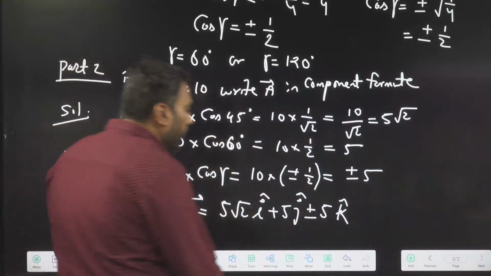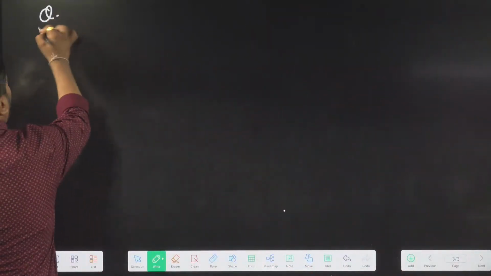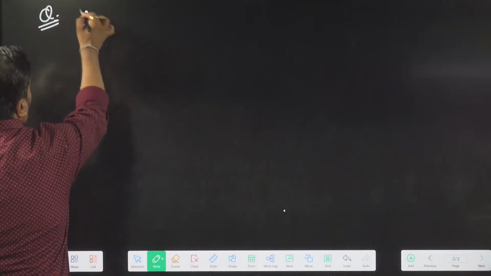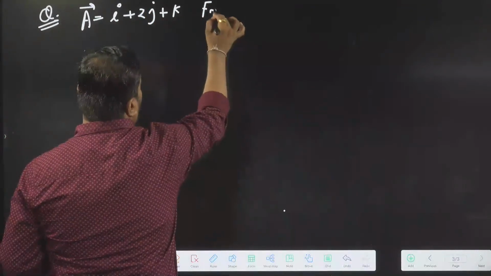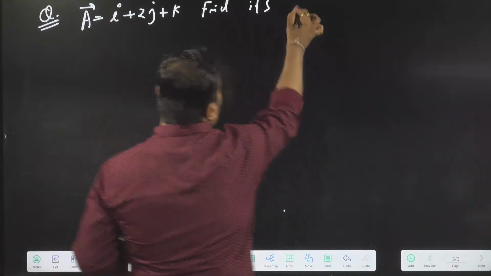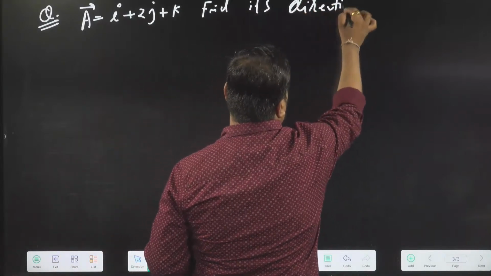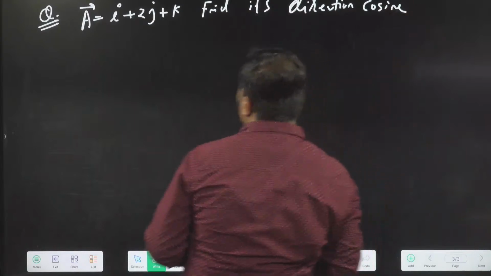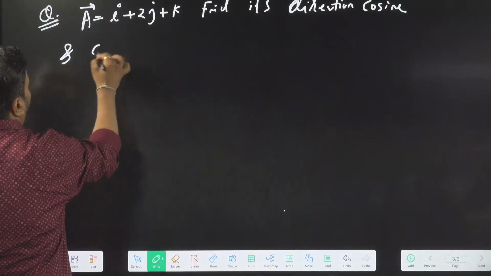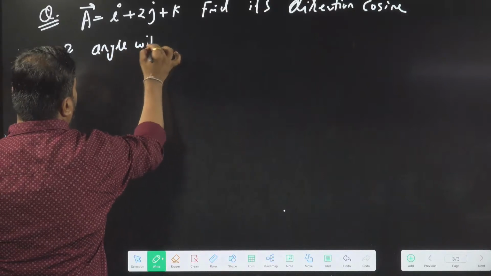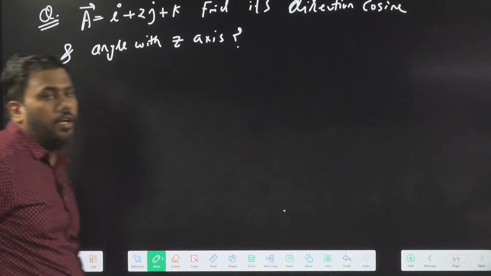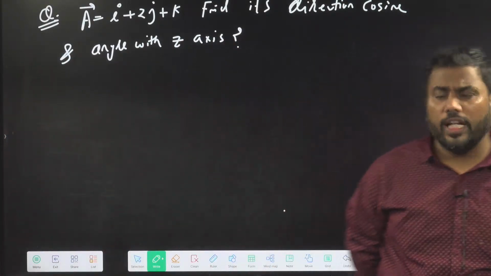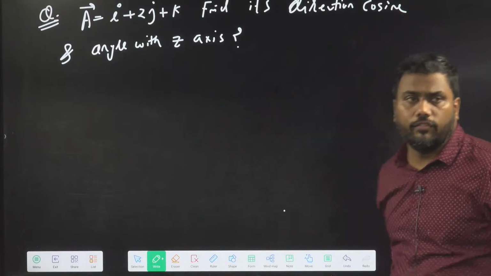Okay. Now I will do a reverse question, a different question. I will give you the vector, you need to give me its angles. A vector is i plus 2j plus k. Find its direction cosines and the angle with the z-axis.